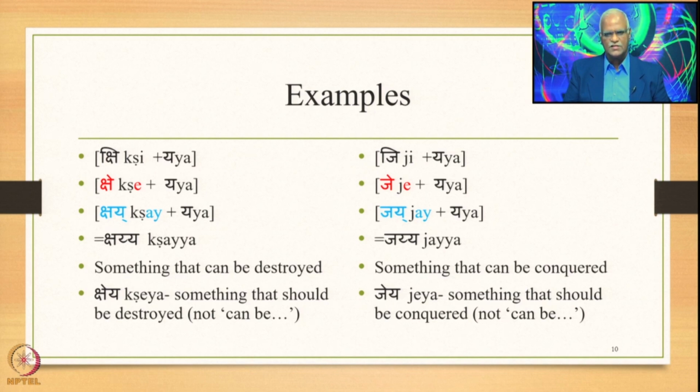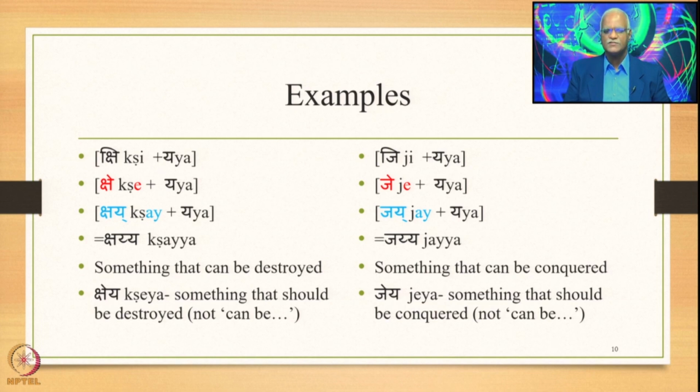So this is a Nipatana sutra in terms of meaning and also in terms of the form. So kshaya is a form that is generated in the sense of shakya, something that can be destroyed, and kshaya is another form that can be generated, but that will mean something that should be destroyed and not something that can be destroyed. There is a shade of difference of meaning in these two words and their meanings.